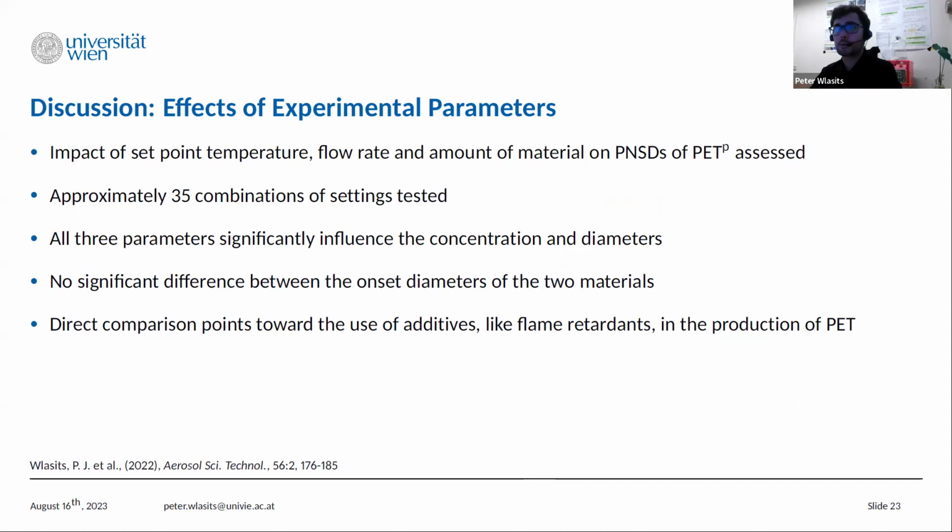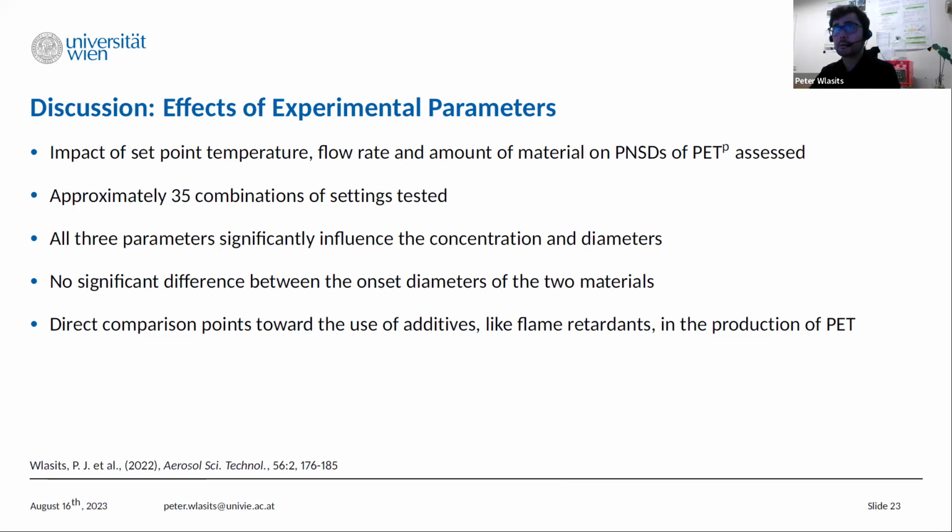We tested approximately 35 combinations of settings, where you have just seen the combinations where you see a proper difference concerning the scaling. All three parameters have shown to significantly influence the concentration of the produced particles and especially the diameters of the produced particles.